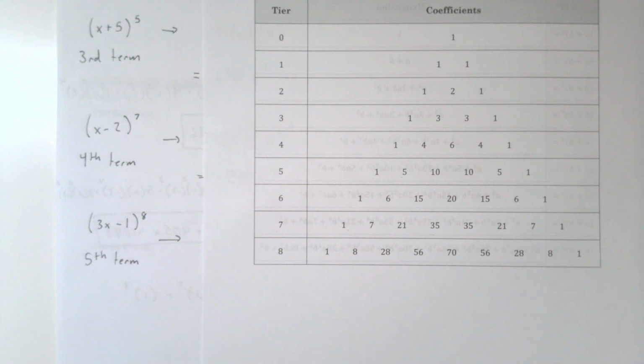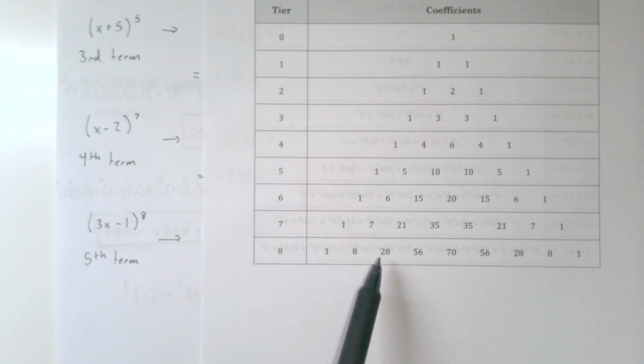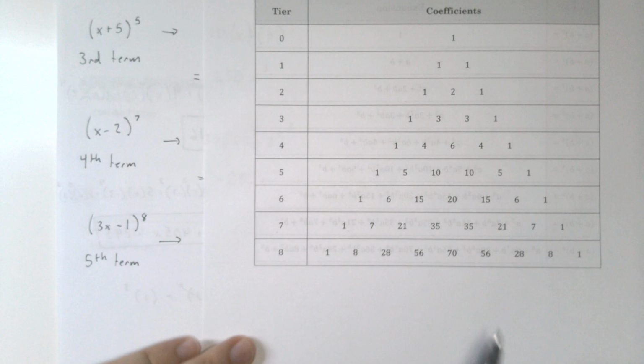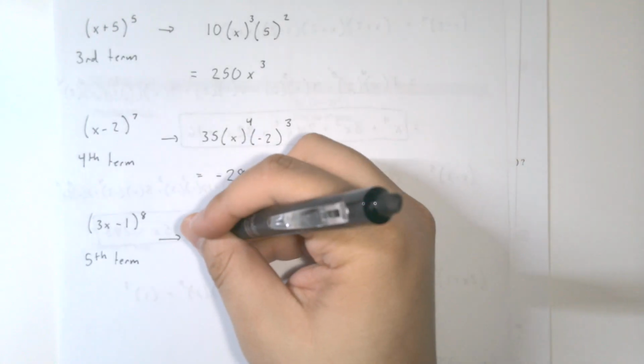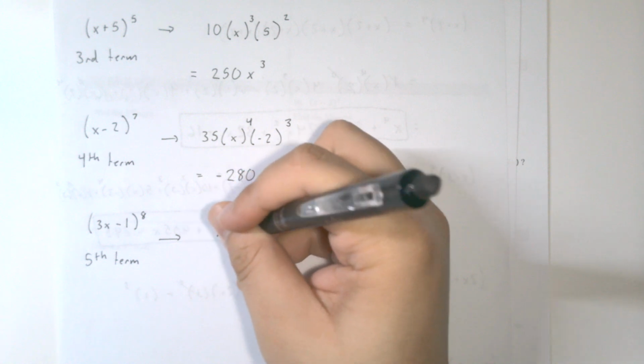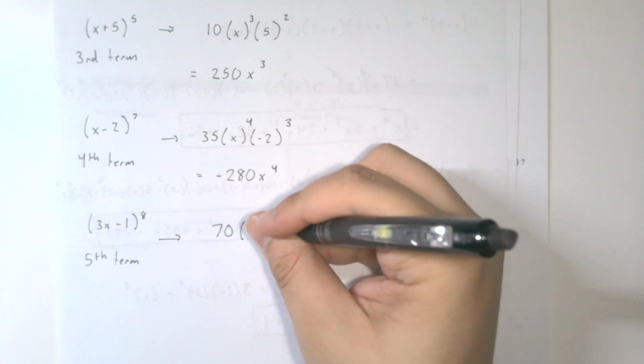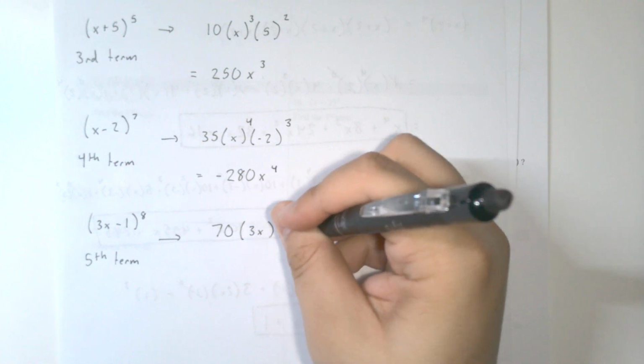Well, I mean, you look at the triangle for your coefficients. So for the 5th term, this is 1st, 2nd, 3rd, 4th, 5th. 5th term is going to have a coefficient of 70. So 70. And then we have 3x and negative 1.